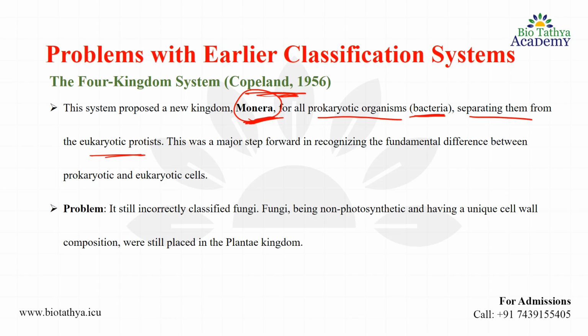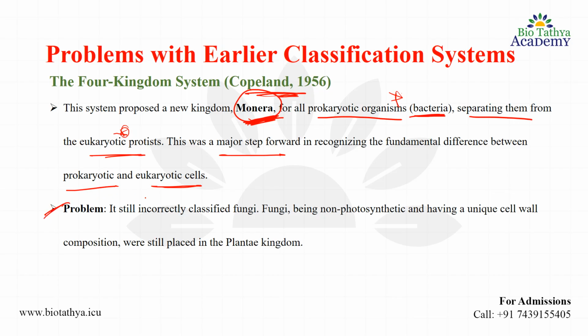This problem was now removed, that previous problem of prokaryotic organisms being placed with eukaryotic protista. So now only the prokaryotic organisms will be kept in Monera. This was a major step forward in recognizing the fundamental difference between prokaryotic and eukaryotic cells. So this problem was almost solved.